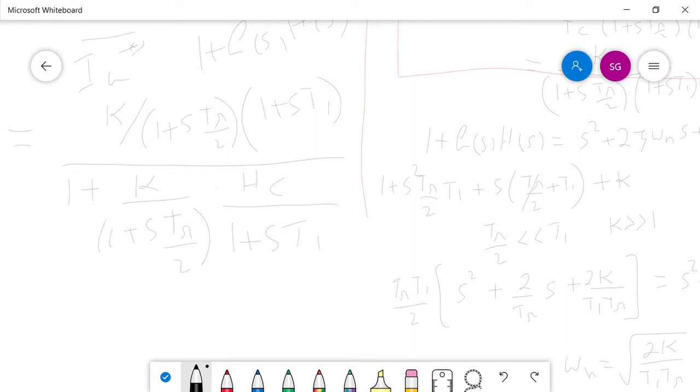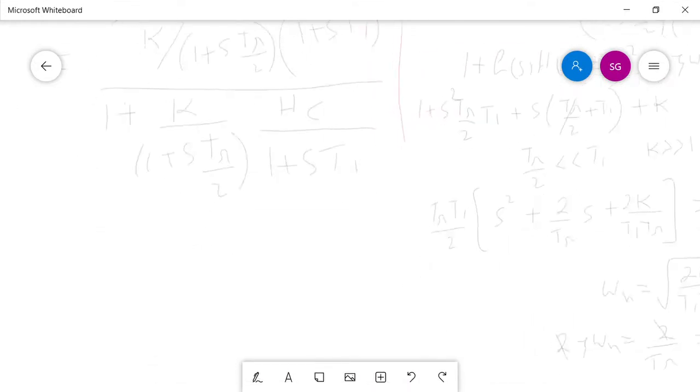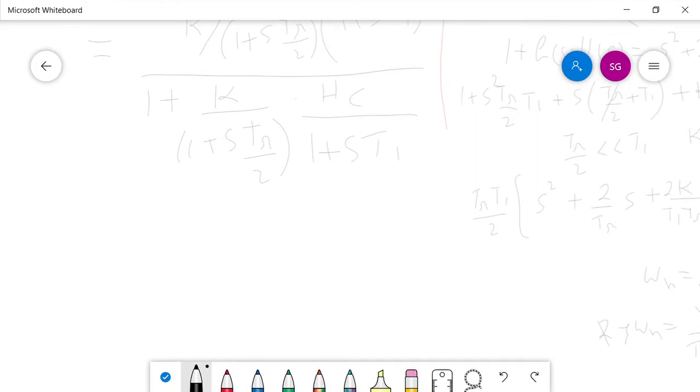So when we solve this, this will become K upon 1 plus STr by 2 into 1 plus ST1 plus KHc. This is our Ia upon Ia star.